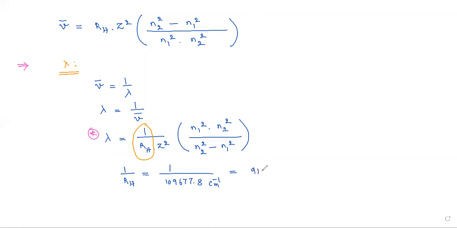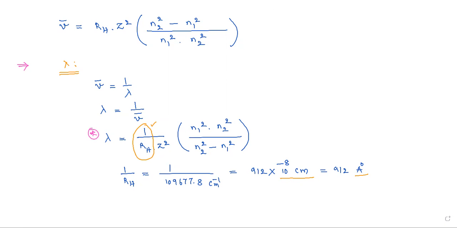This comes out to be 912 into 10 power minus 8 centimeters. Or let me write this as 912 angstrom, because we know that 10 power minus 8 centimeters is nothing but 1 angstrom.